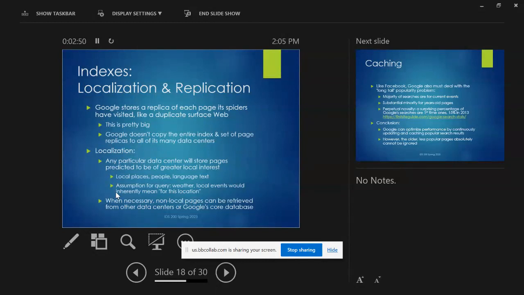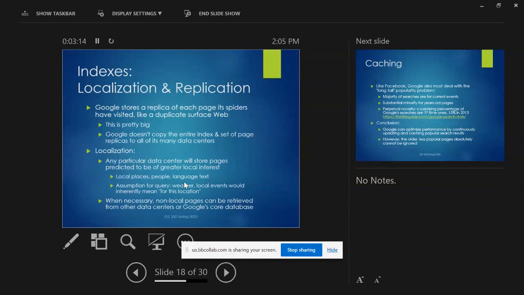Okay, and they're very different pools of people there. So if you are near Pennsylvania for some reason and you're searching for York, chances are you're going to get information about the local city in Pennsylvania named York. Whereas if you're up near Scotland and you do a Google search for York, you're probably going to get pages about the city of York up that way.